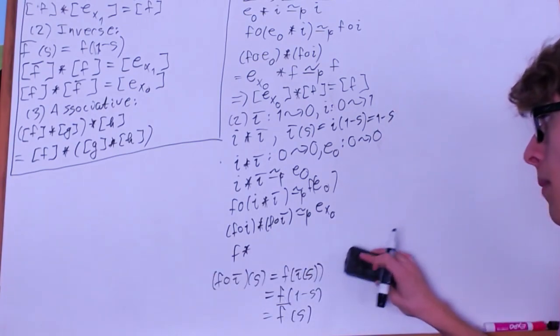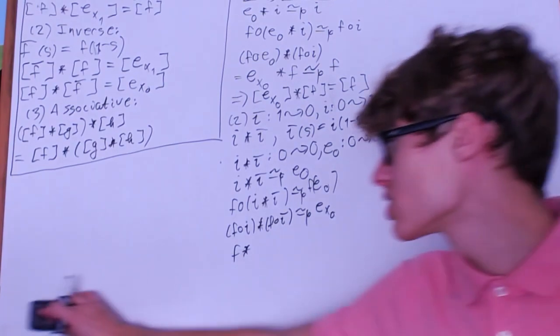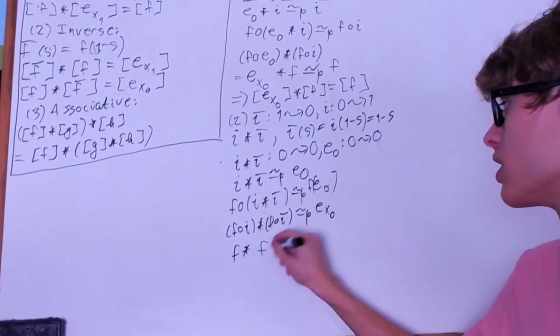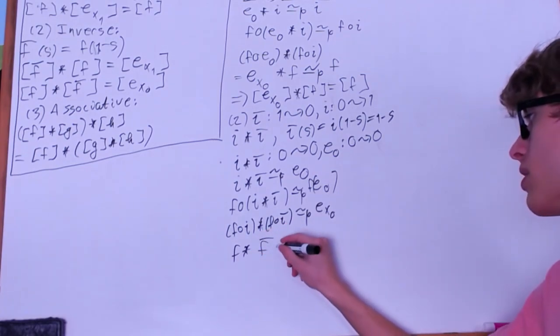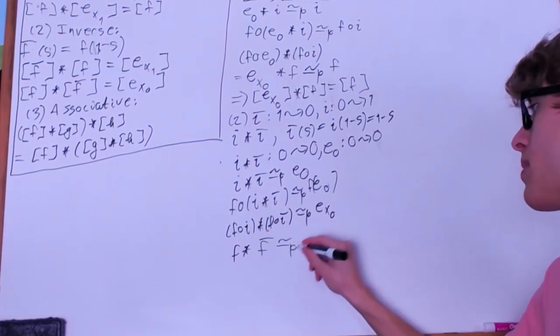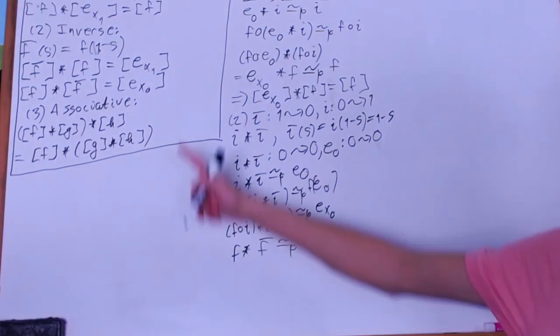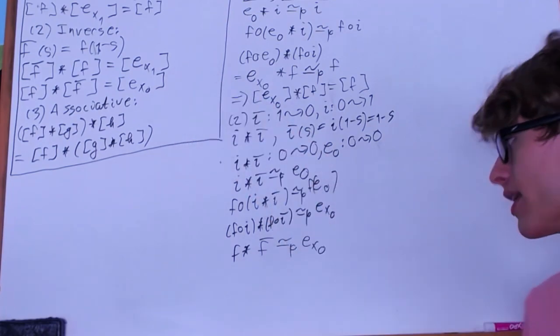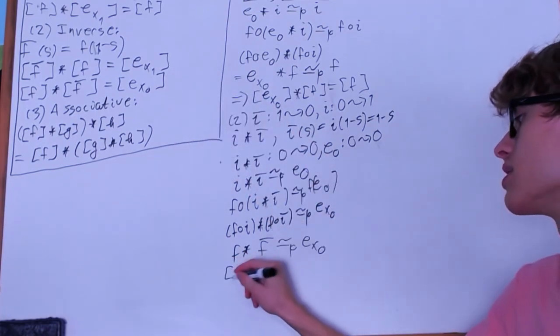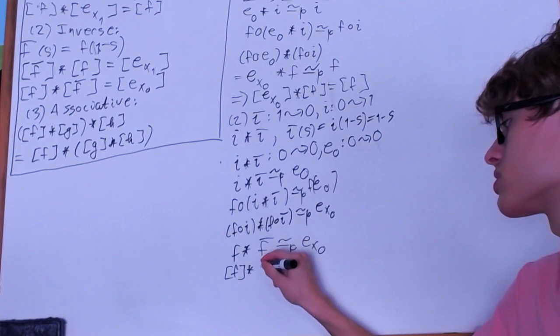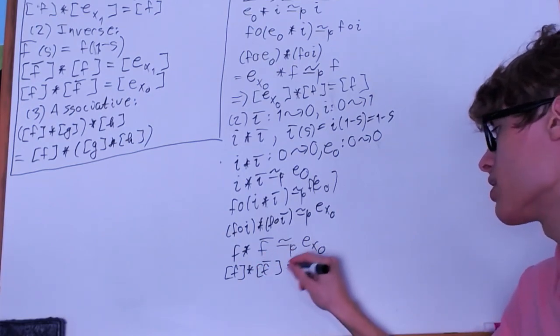And so f composed I bar is just going to be f bar. So f star f bar is path homotopic to e at x0, which is exactly what the theorem required, because then the equivalence class products are just going to be equal to each other.